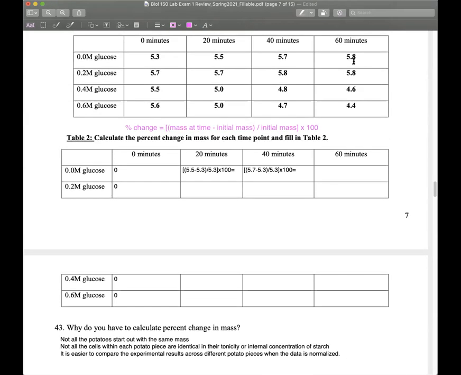So this would be 5.8 minus 5.3 divided by 5.3 times 100. And I got 9.43%.